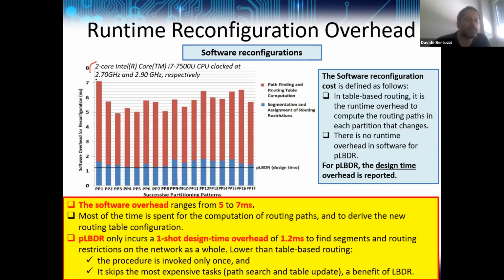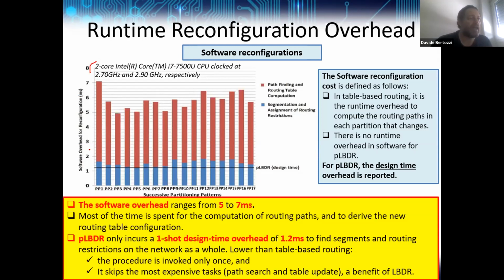Most of the time is spent to find smart routing paths on a partition shape where you have assigned routing restrictions. Finding the routing paths based on the customized version of the topology agnostic routing algorithm on that partition shape takes several milliseconds, and this adds up to the overhead of building segments and assigning routing restrictions, which is the blue overhead here.